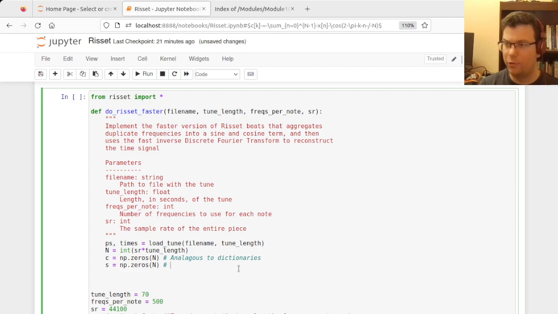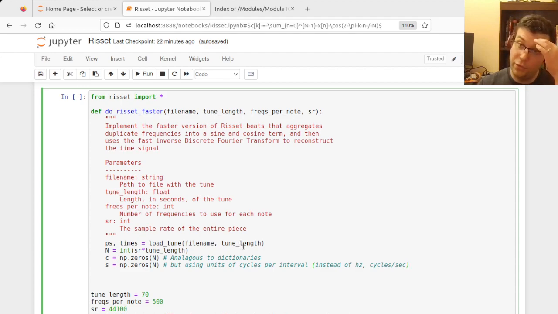So it's the same, but we're using units of cycles per interval, instead of hertz, which was cycles per second. So before we had a dictionary key, which was a floating point number, which was in hertz, cycles per second. Now we're going to have an array index, which is cycles per interval.